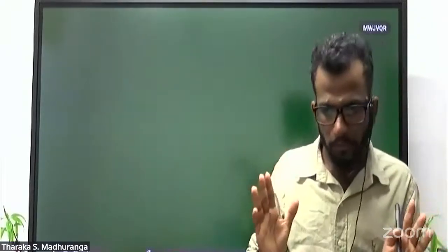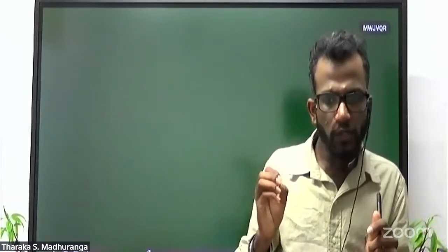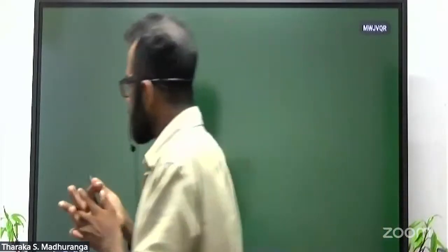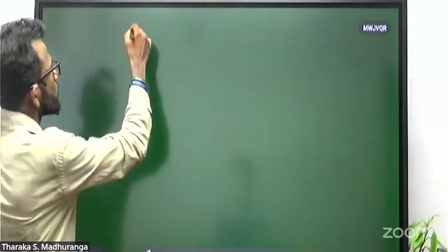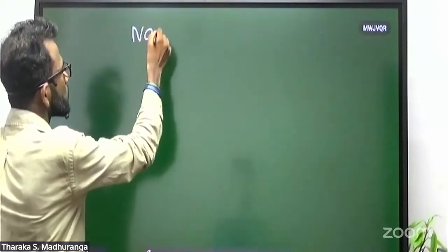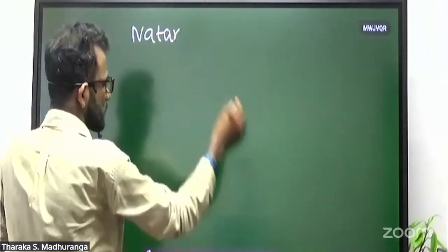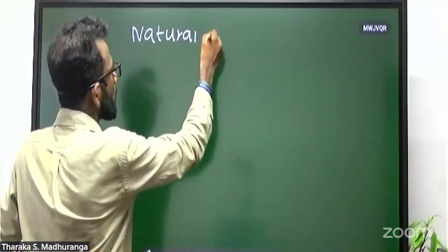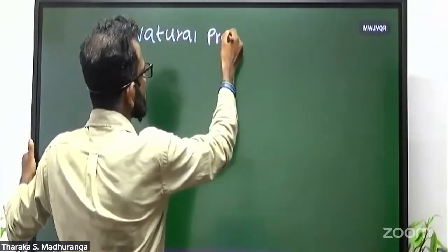I explain one by one, step by step. First you need to understand the process, then you can read the tute. Okay, I think that is understood. Our new lesson is natural products.